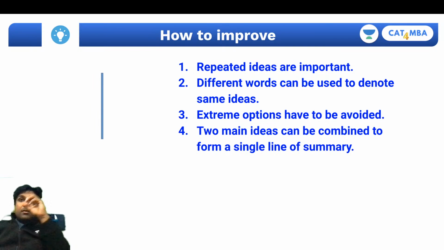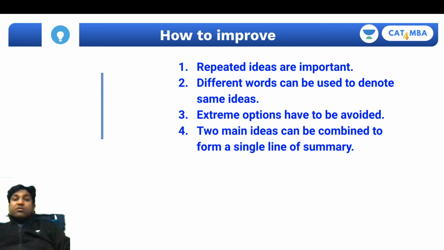Sometimes two ideas are combined to form one. A summary is not a word by word repetition of the ideas given in the paragraph. If we just use synonyms of the words in the actual paragraph, we will end up making a summary that is even longer than or the same length as the actual paragraph, right? So we have to cut short the length somewhere.